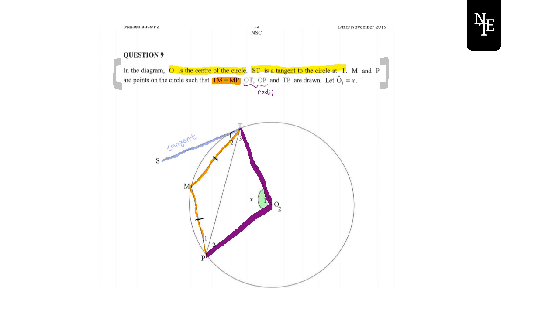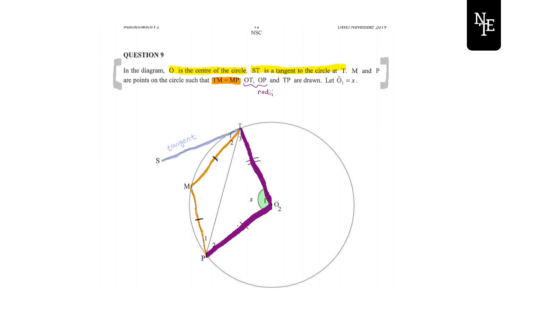So now that we've read our given statement, we need to start thinking about what all these relationships imply. The easiest thing to do is to work with these radii, because now you know that OT is equal to OP.